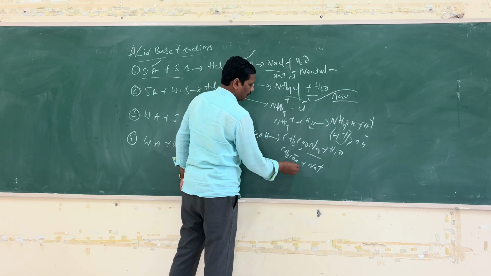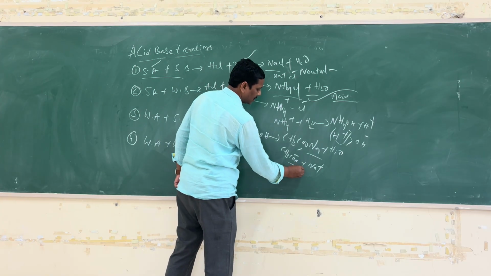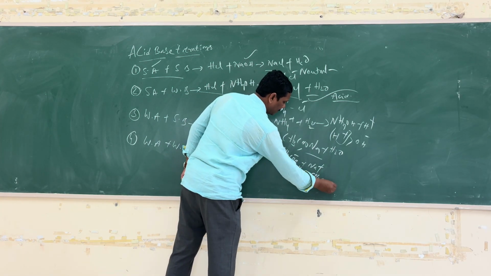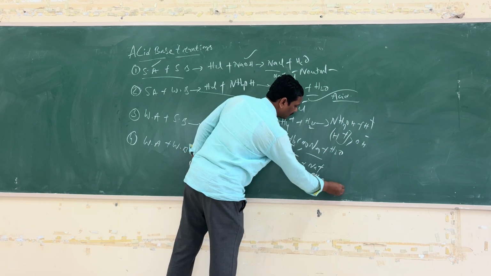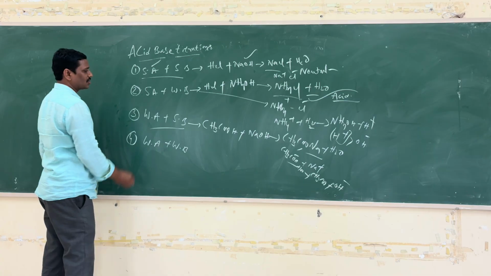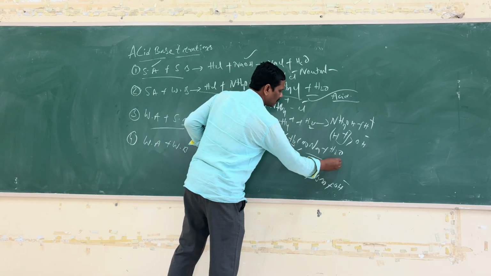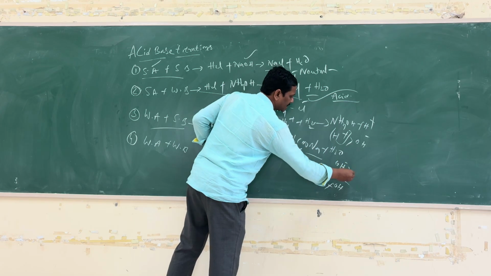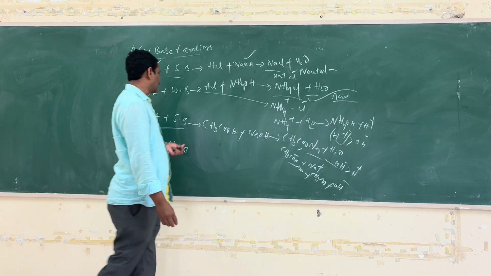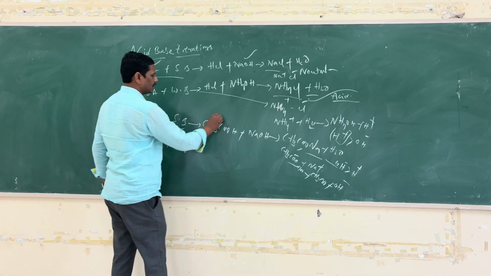CH3COO- undergoes hydrolysis to produce CH3COOH plus excess OH- ion. In the third category, weak acid versus strong base, the OH- ion concentration is greater than the H+ ion concentration. So this titration belongs to basic.